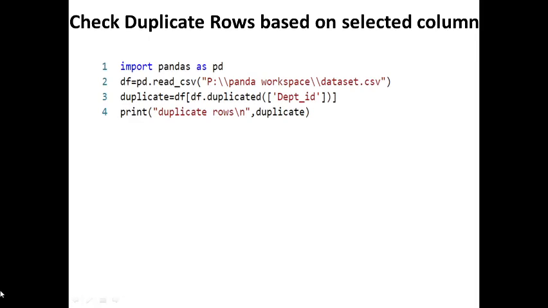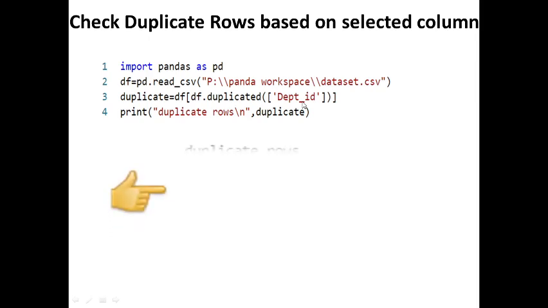So here you can see first statement import, next we are loading data, and third here you can see df dot duplicated and we are passing parameter to it. So inside square bracket we are writing column name. So we are checking that rows having same department ID, right?